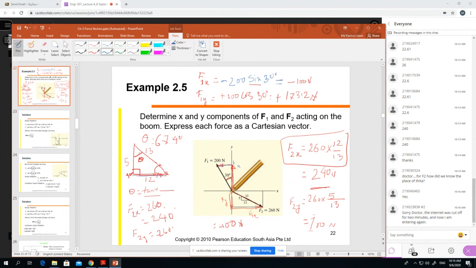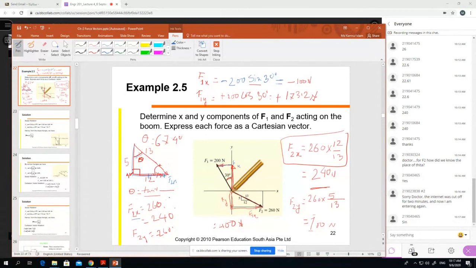Now F2x equals 260 because it is opposite to our angle, not aligned with the angle. So it is sine. Yes, correct answer. It is sine 67.4 degrees.